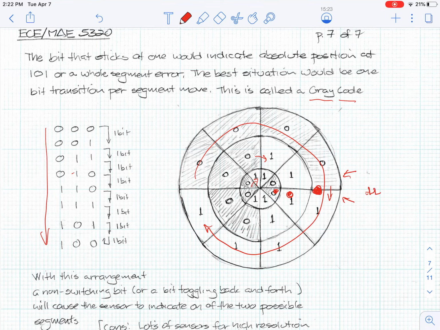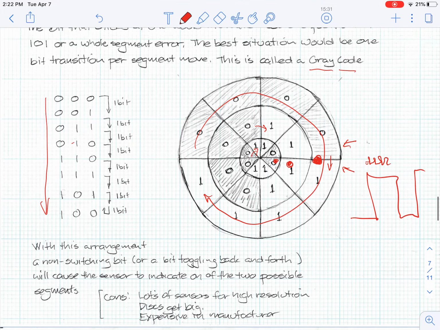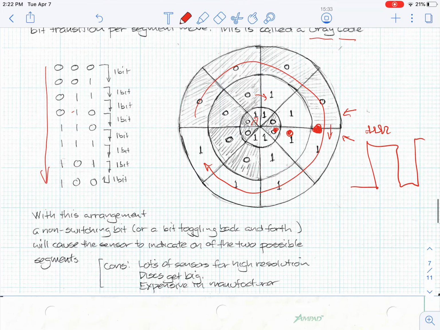So my measurement might be jumping back and forth between those two adjacent positions, but it's not going 90 degrees over to the other side of the encoder and then back and forth. Okay, so a non-switching bit or a bit toggling back and forth.